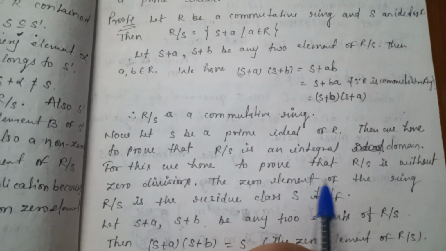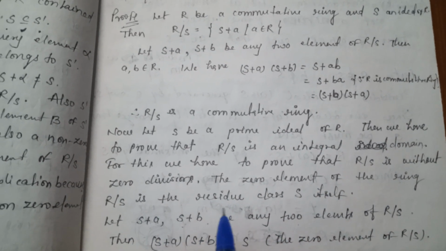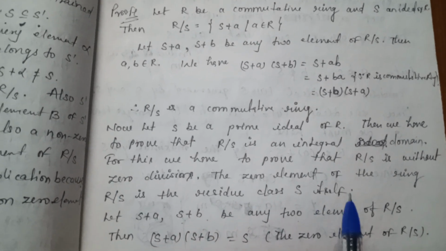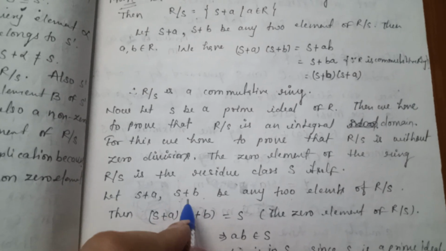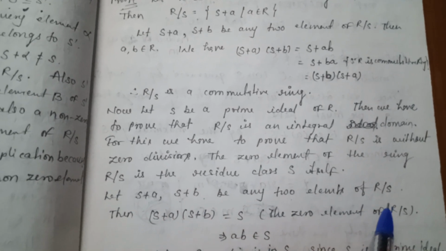The zero element of the ring R/S is the residue class S itself. Let S + a, S + b be any two elements of R/S.